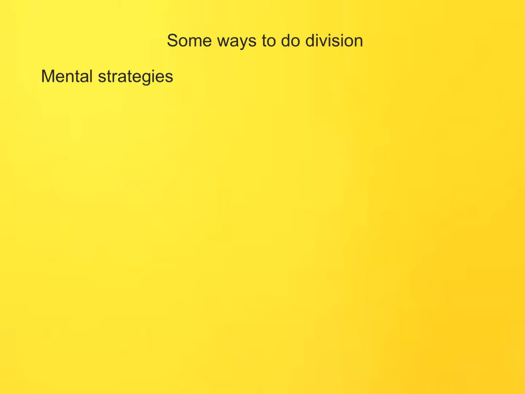So what are some of the ways that we can actually do division? Well, the first strategy that we're going to look at is called some mental strategies. Our first mental strategy is obviously knowing our times tables and knowing them really, really well.